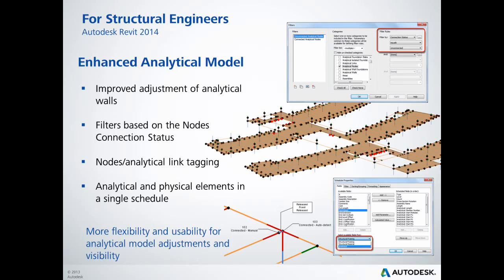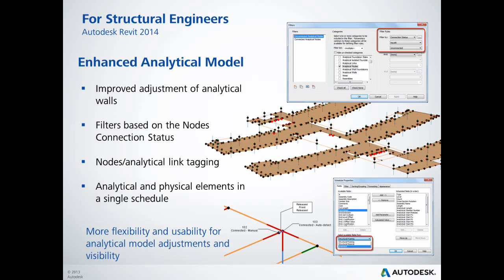Thanks to the ability to create filters based on the connection status parameter, we have greater control over the analytical model. For example, right now analytical nodes whose status is unconnected can be displayed in a different color than connected nodes.